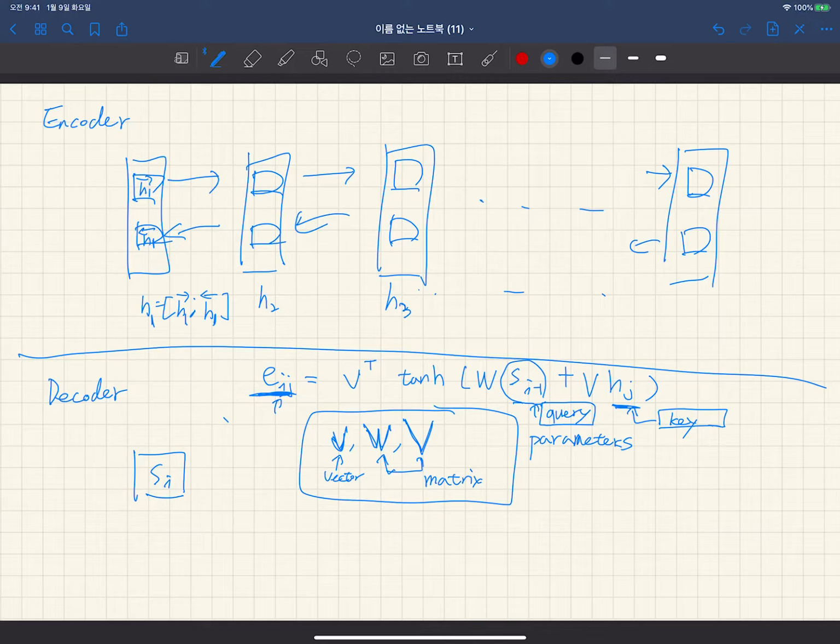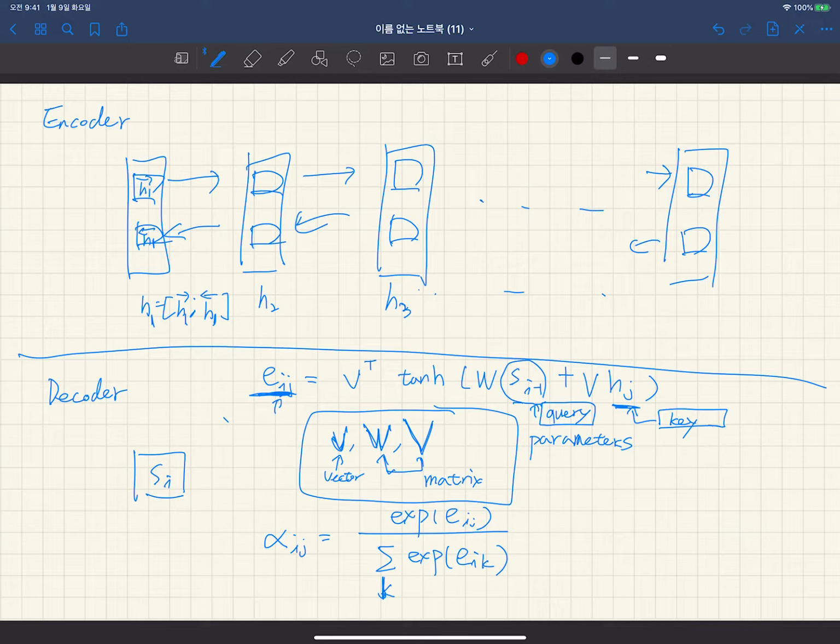And using this Eij, we apply a softmax operation so that we can find the adaptive weight. So alpha ij is exponential Eij over the summation over k of exponential Eik.